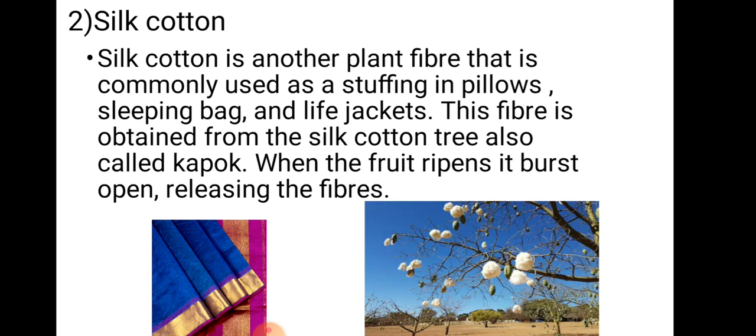Even in sleeping bags and life jackets, this fiber is used, that is silk cotton. This fiber is obtained from the silk cotton tree, also called kapok. So kapok is a tree from which we get silk cotton. When the fruit ripens, it bursts, it will open and it releases the fibers. That is called silk cotton.